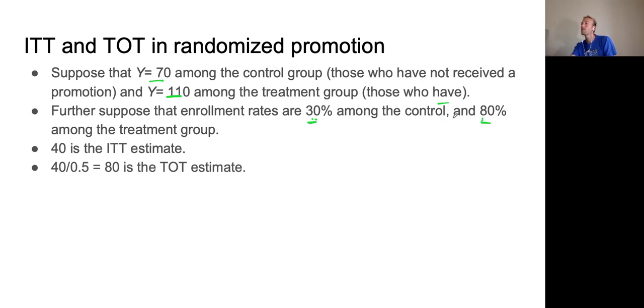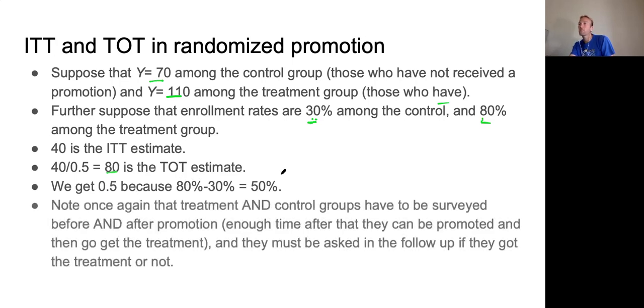Between this and this is 50% of the people. So I take 40 divided by the 50% and I get 80, and that's the treatment on the treated estimate. So my promotion helped increase, for the people who listened to me, it helped increase them by 80, right? And that's how we get the treatment on the treated. This is how we get the 50%, because the 80 minus the 30 gives me the 50%.